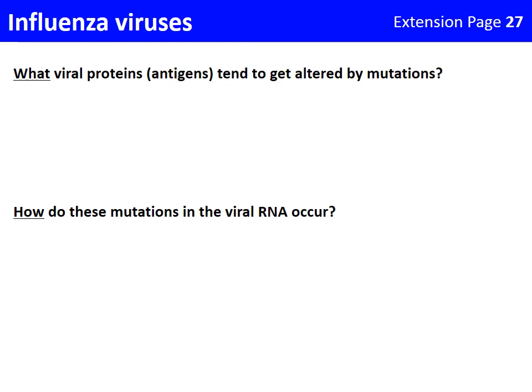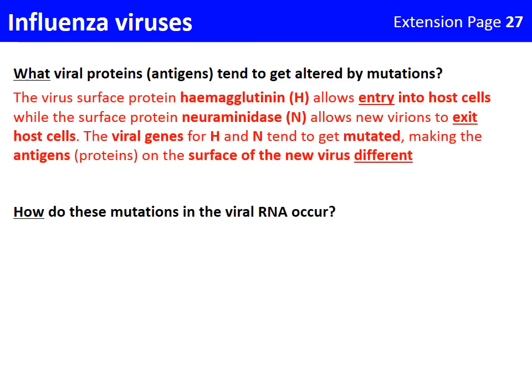So it's important to understand that the two main types of capsid protein that get altered by mutation that actually affect how a virus enters or exits a host cell and therefore affects its antigenic type are the H and the N proteins that we mentioned earlier. So the virus surface protein called hemagglutinin, or the H protein, we know allows entry into the host cell, and neuraminidase N protein allows exit of the virus from the host cell.